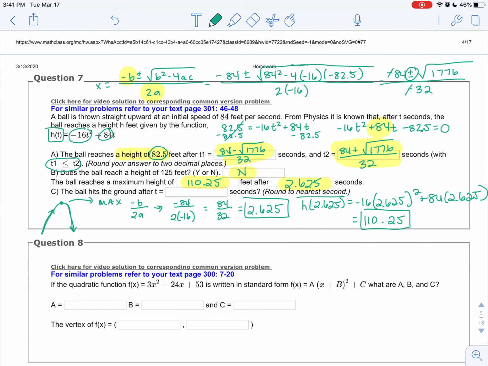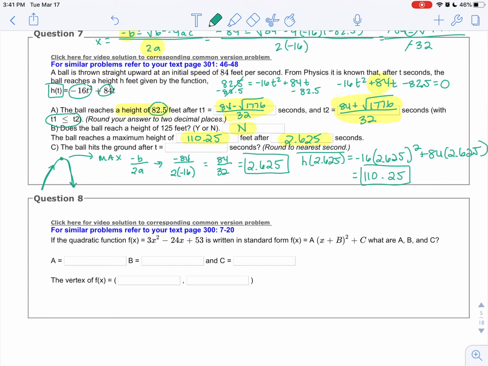So the last part here is when the ball hits the ground. Well, a ball hits the ground at a height of 0. So we're going to plug in 0 equals negative 16t squared plus 84t. And then I can factor out a negative 4t and just see where that takes me. So I get 4t minus 21, since 84 divided by negative 4 gives me negative 21.